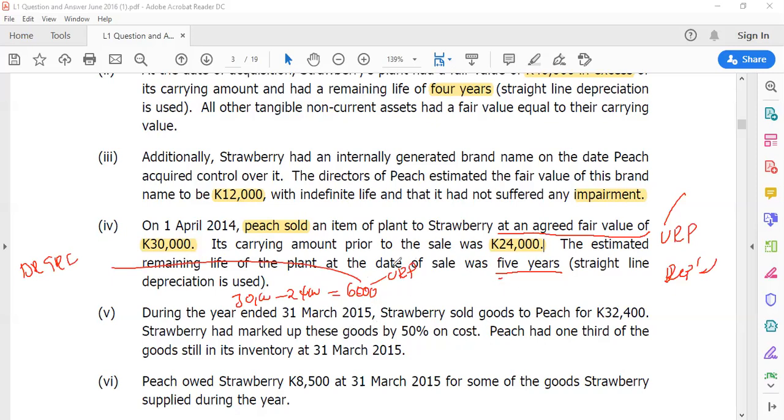Now, because it was a revaluation, this plant was revalued from 24 to 30. Am I not just awesome, Mr. Gafut? I feel good about this working, because with this English here, somebody can simply get the URP and move on and think it was a normal sale. It wasn't a normal sale. It was a revalued sale. So it's different from a normal sale.